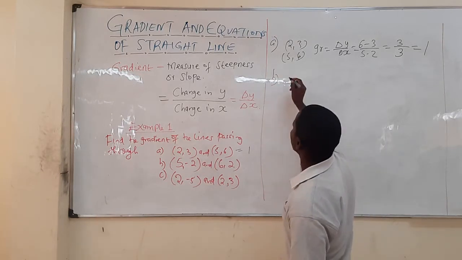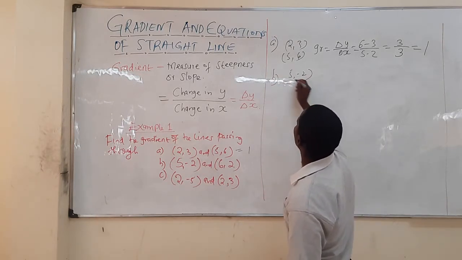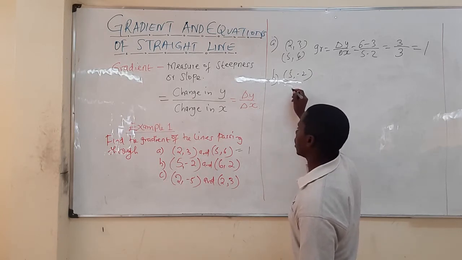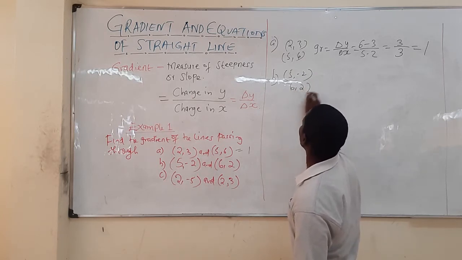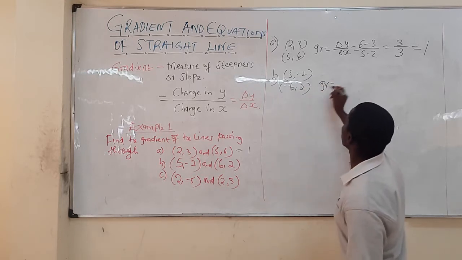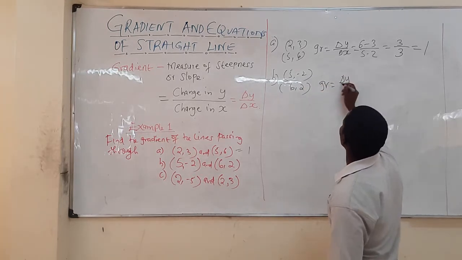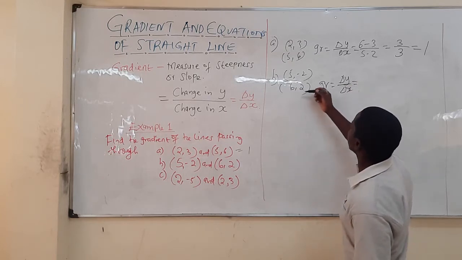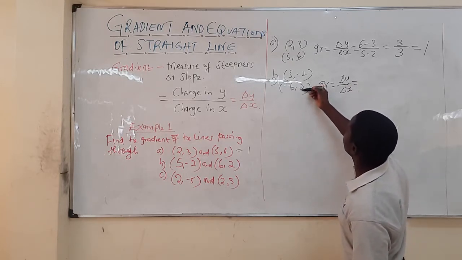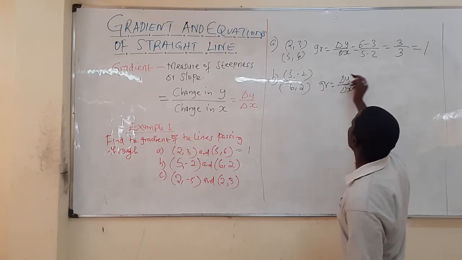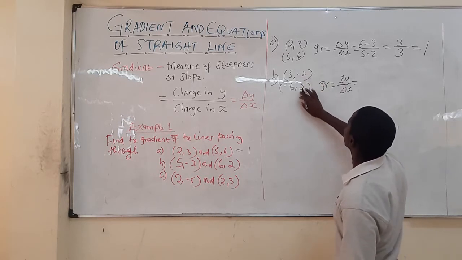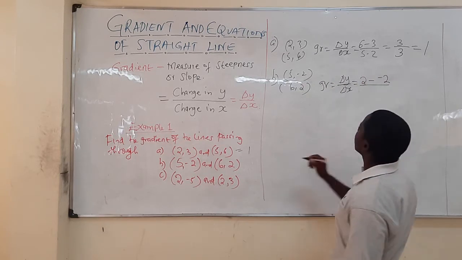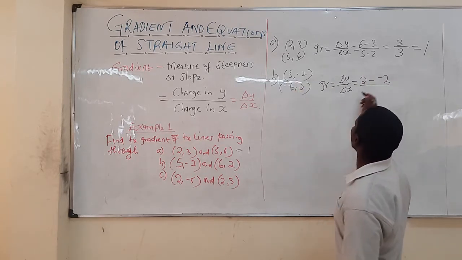Let's look at part B. The points given are (5, -2) and (6, 2). We want to get the gradient. The gradient, of course, is given by change in y over change in x. So you can take the second point minus the first one. You start with the y values: 2 minus negative 2, divided by 6 minus 5.